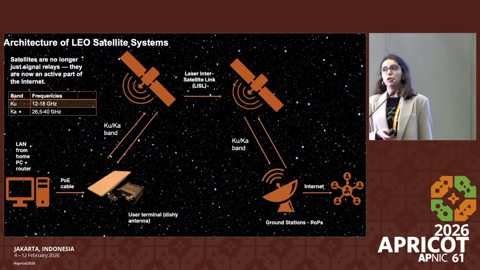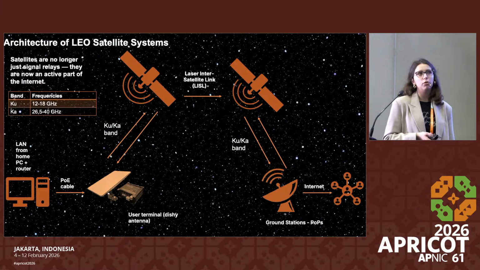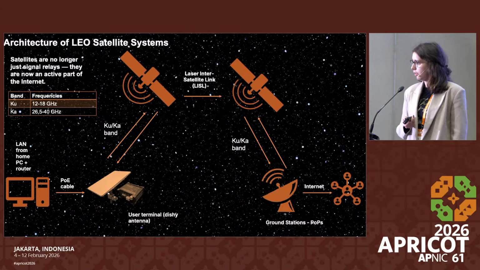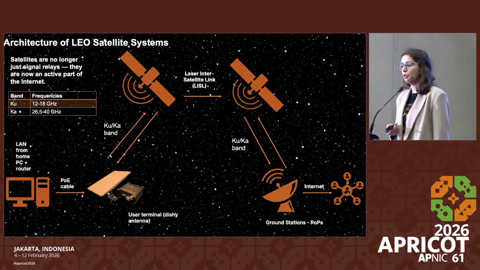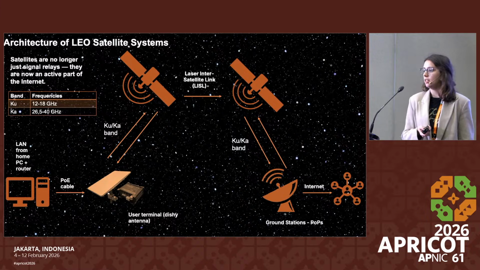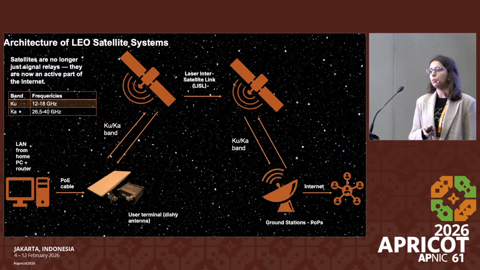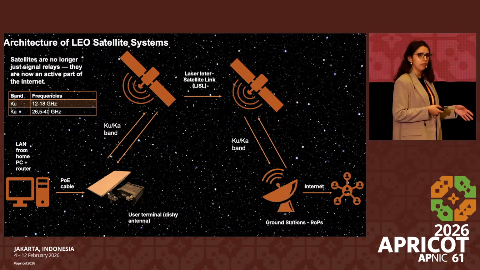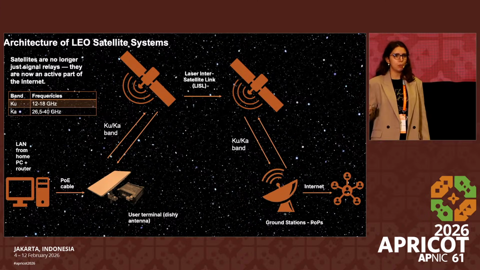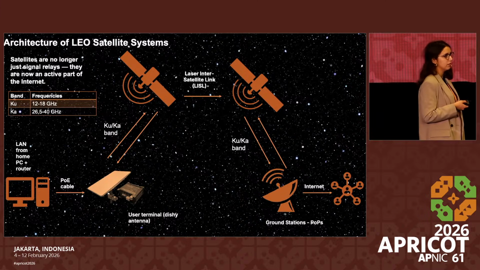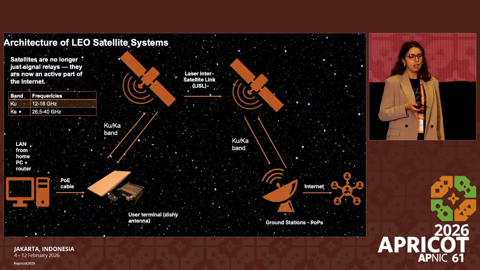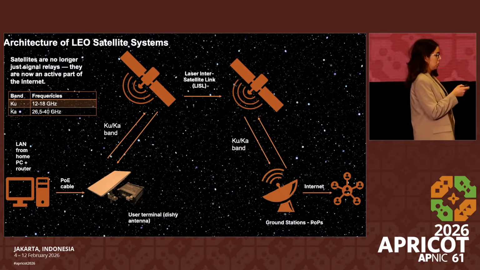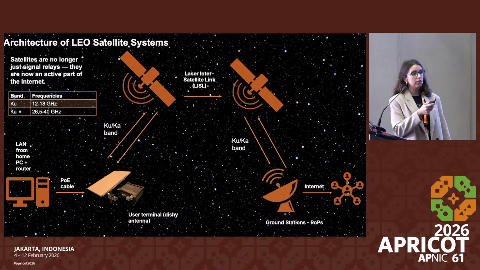First of all, if we want to talk about measurements, we need to talk about routing and we need to talk about architecture. So what does the architecture of a LEO satellite system look like? For example, if we want to just surf the internet or watch some movie on Netflix, we send this request as a packet from our PC, then to the Starlink phased array antenna, which is the user terminal, and you can see it on this slide.